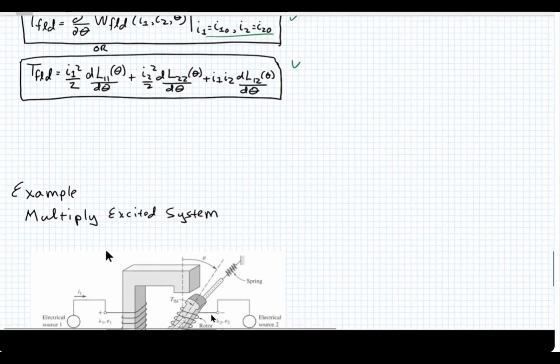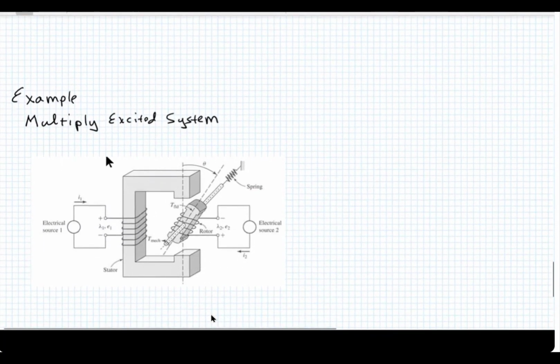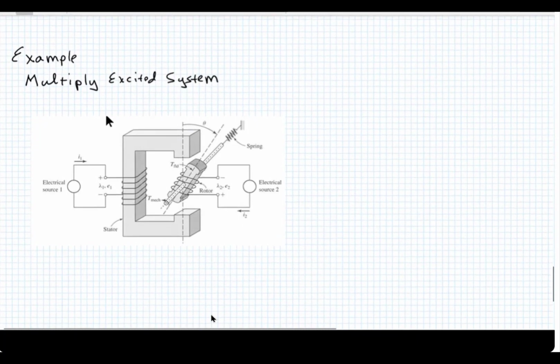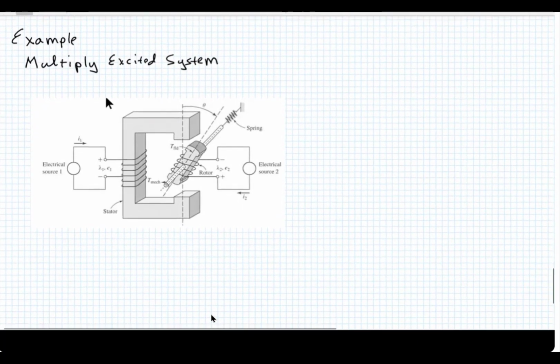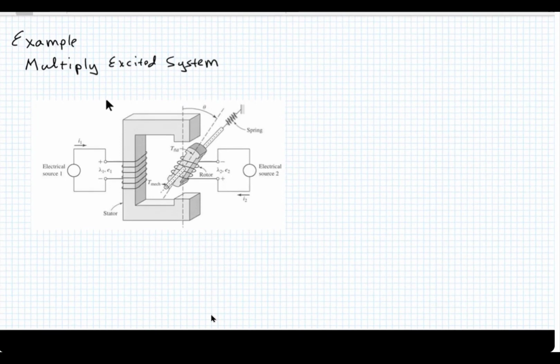Okay? Now we're right at the last piece of this. So I'm just going to take a few minutes to talk about this multiply excited machine, and then we'll be completely set up to talk about chapter 4.